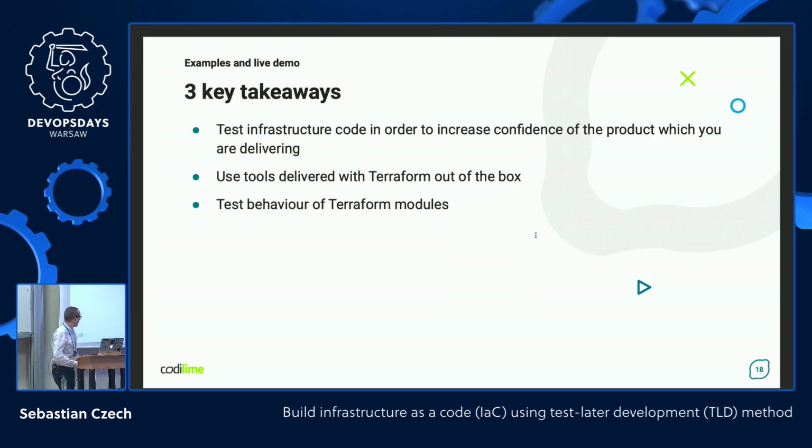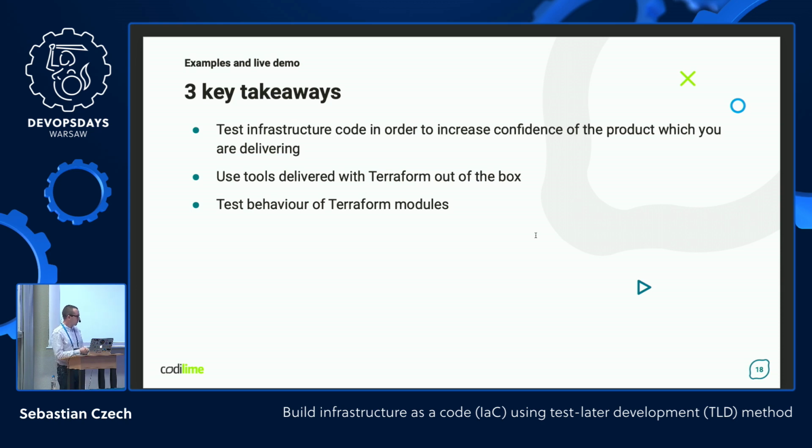3 key takeaways from that presentation, in my opinion. If you want to increase the confidence in the infrastructure which you deploy, I think it's good to test it in the ways, at least, which I presented. We should use tools delivered out of the box by Terraform, like fmt and validate.